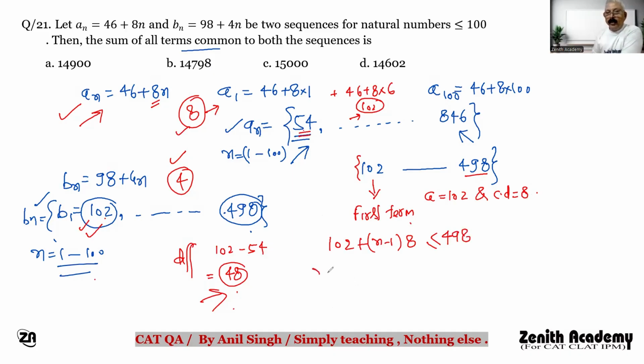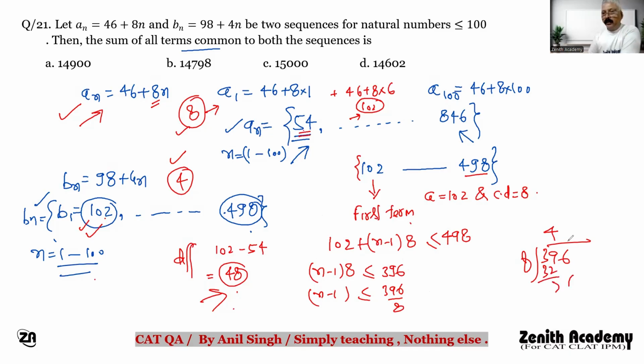So now (n minus 1) into 8 is 498 minus 102, which is 396. So n minus 1 is 396 by 8. If we divide 396 by 8, 8 4s are 32, 8 9s are 72, 4 is left.